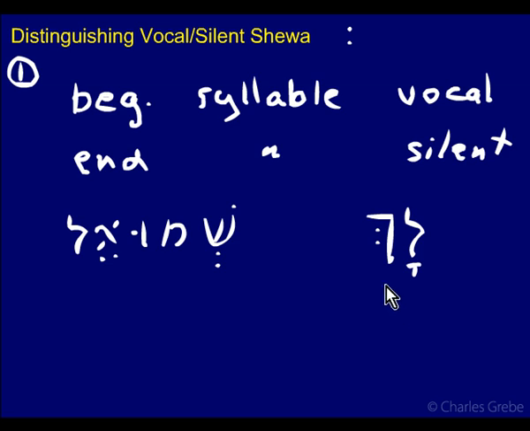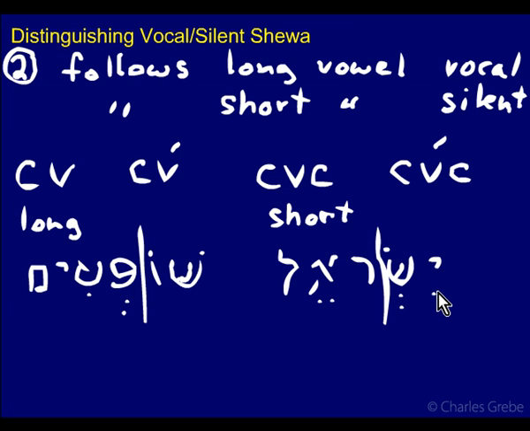And if we go back to our first rule, our base rule, we see that a Shewa that's at the end of a syllable is silent. So again, applying syllable division and the base rule comes to the same conclusion as the second rule here, that a Shewa that follows a short vowel is silent.